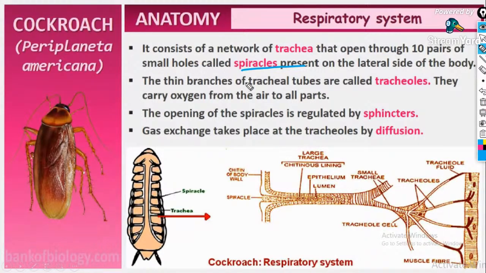So the respiratory organ of this cockroach is certain structures called spiracles.